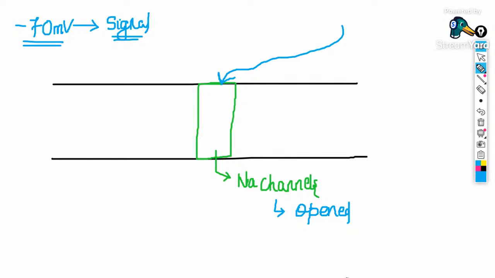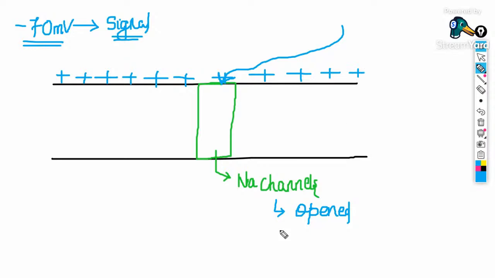At the instant when this potential reaches minus 70 millivolt, a signal is generated and the signal will make the sodium channels open. So we have already learned that the sodium concentration is more in the outside, right? The sodium concentration is more in the outside.